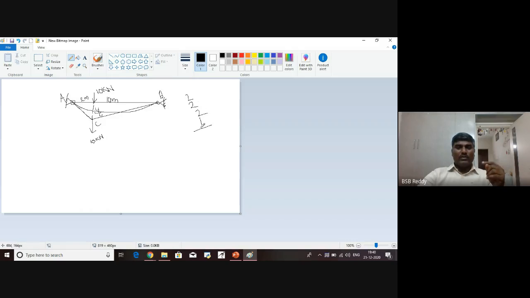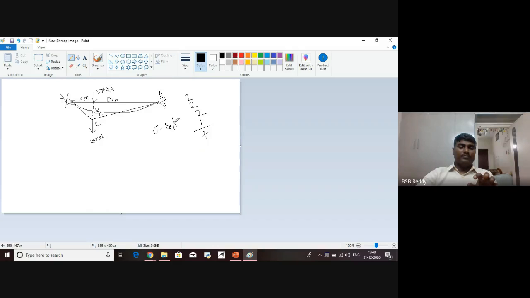So how many total? 7. So what do you need? 7 equations, or 7 conditions. How many joints do you have? A, B, C, 3 joints. Each joint 2 equations, so 3 times 2 is 6 equilibrium equations.